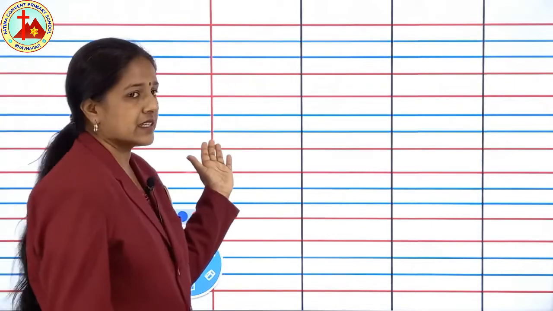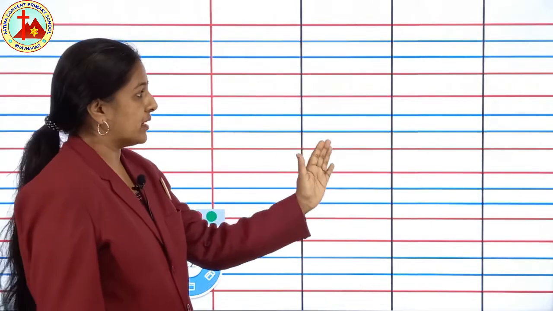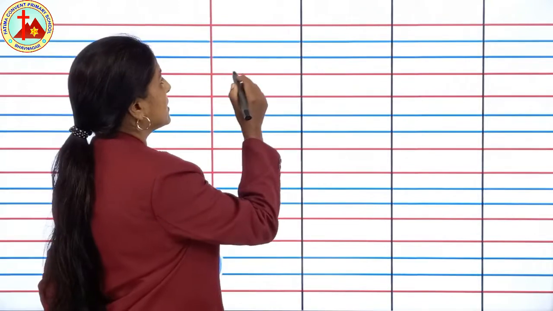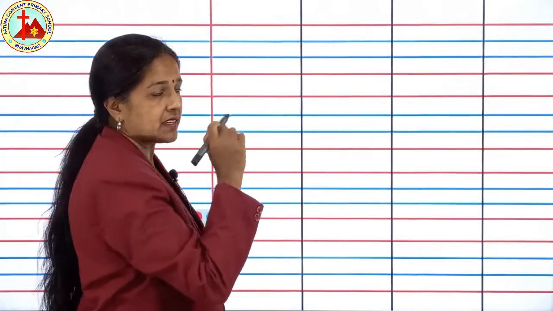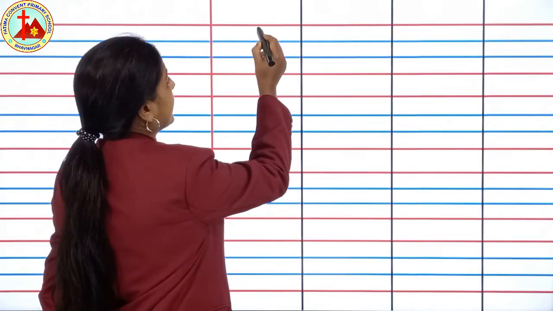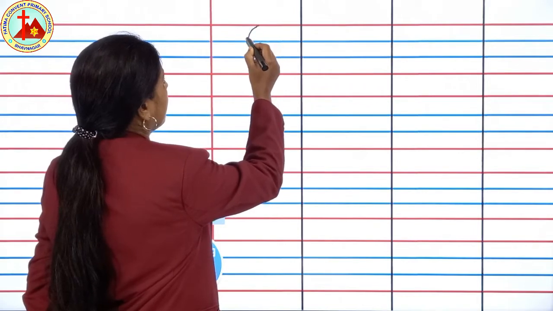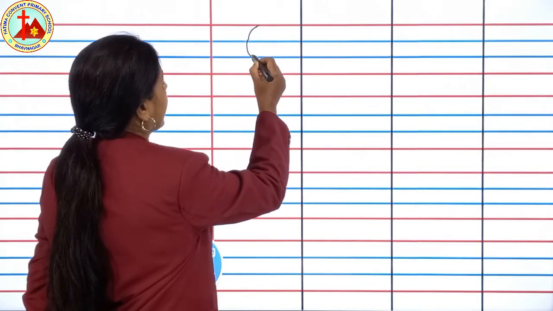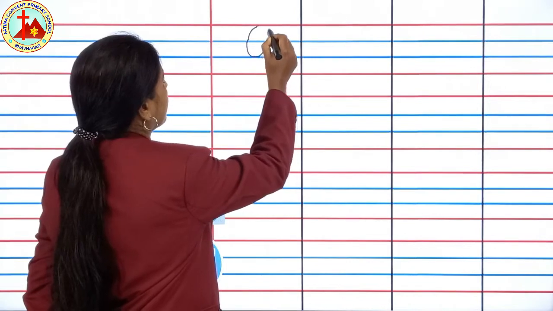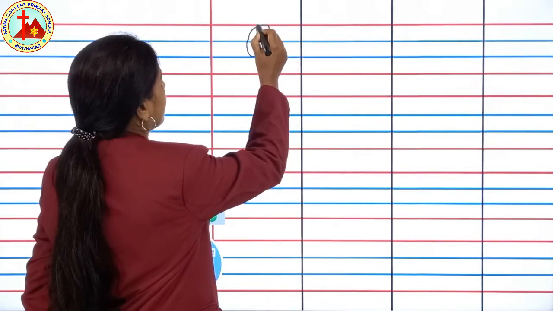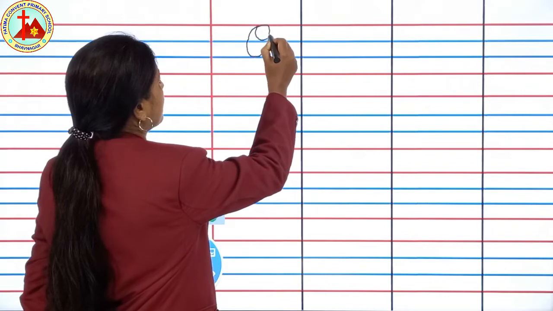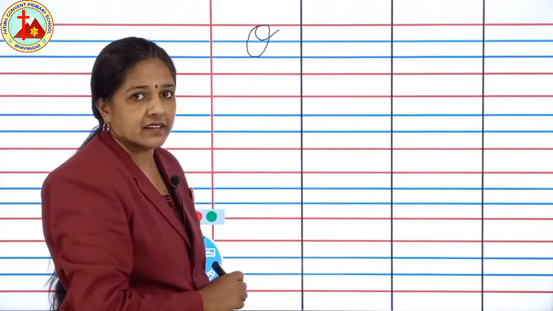Here you can see this is the margin. From here you have to write, and write the date on the top. So be careful, children, and look carefully how Miss is writing. Starting from the top red line, make a curve till the second blue line, go up to the red line, come down to the first blue line and slight turn.